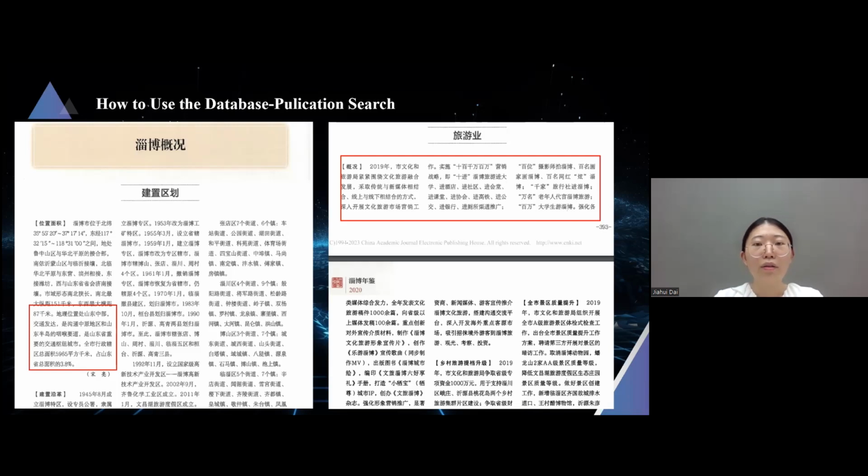In terms of tourism, it can be seen that in 2019, the Municipal Bureau of Culture and Tourism focused on the integrated development of cultural tourism and adopted both traditional and new media, combining online and offline activities, and carried out in-depth cultural tourism marketing.